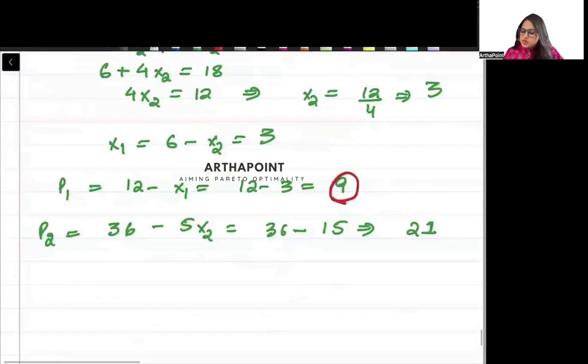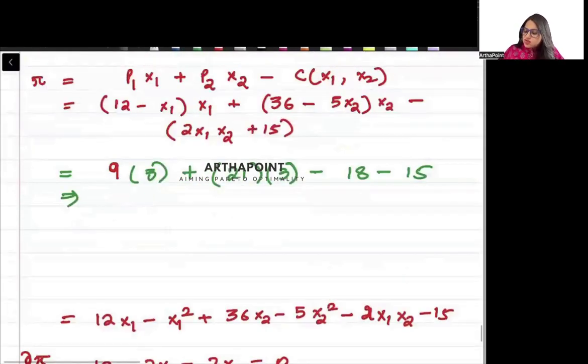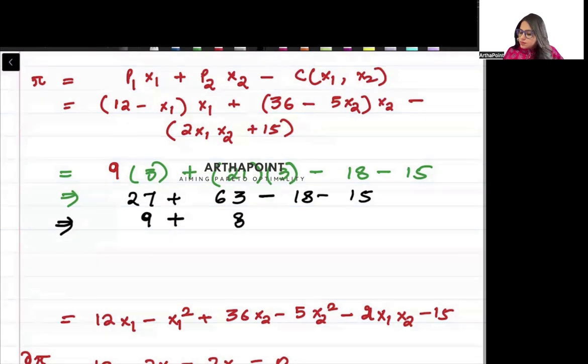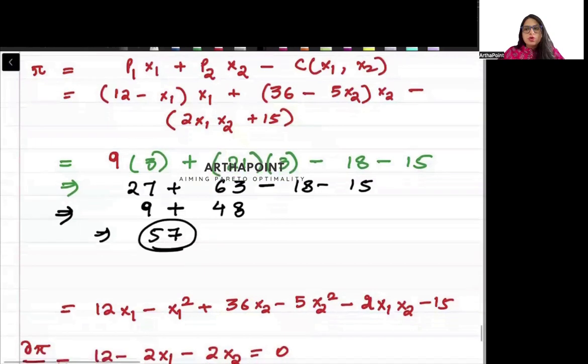P1 was 9, na? Yes. So 9, 18, 27. So this is 27. And this is 63 minus 18 minus 15. 9 plus, so this is going to be 9, right? This is going to be the profit.